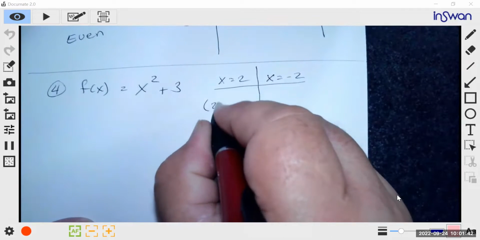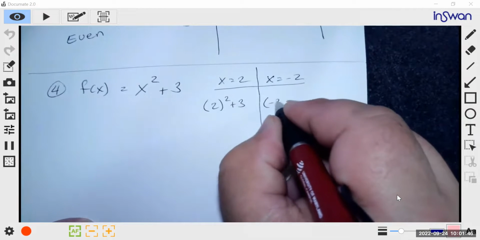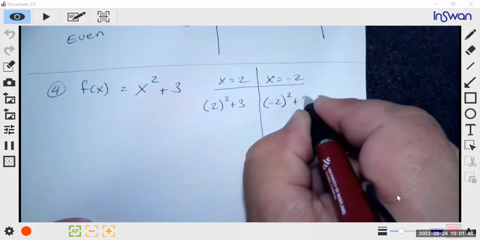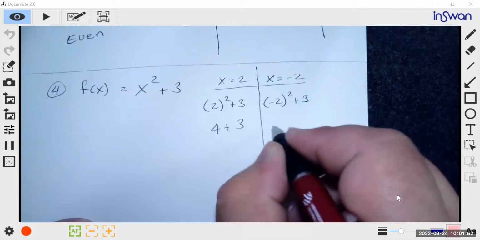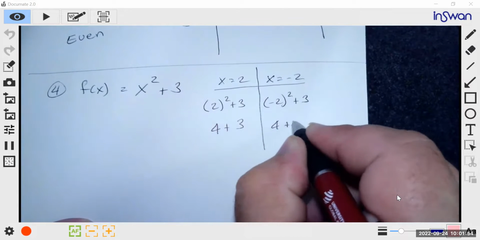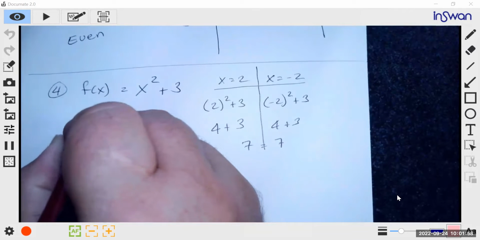So we have 2 squared plus 3. And (-2) squared. Even? Yes. So (-2) squared is 4. 7 equals 7. So it's even. Very good.